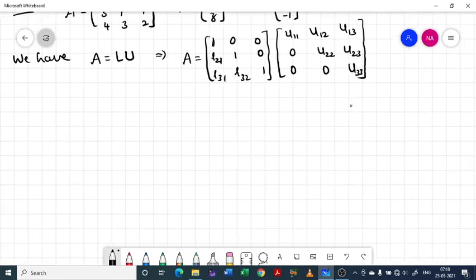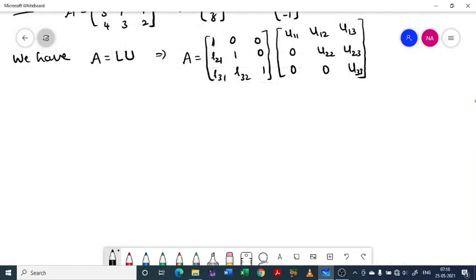So multiplying those two matrices and comparing corresponding entries and all, we get L equal to, I'm directly writing this just to save time, 1 0 0, 3 1 0, 4 1 by 2 1.